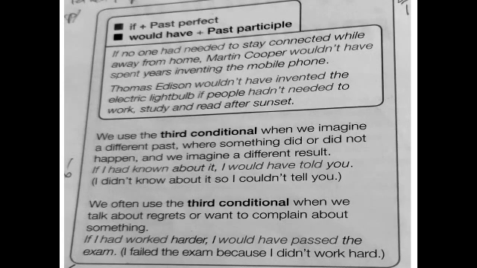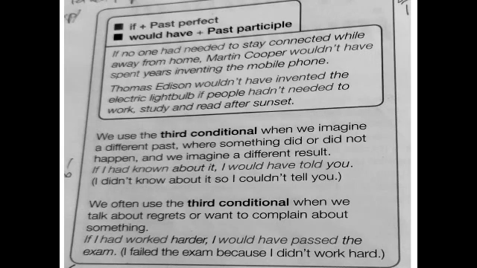Fine. In conditional sentences, there are two parts of a sentence. The if clause is there, and the second one is the result clause. The if clause shows the condition, whether it is fulfilled or not fulfilled, and there will be the result of that condition.